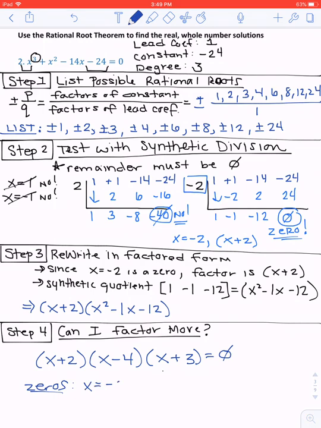X can equal negative 2. What else? Positive 4 and negative 3. What was the degree of our original polynomial? The degree was 3. How many zeros did you end with? 3. It's not a coincidence.